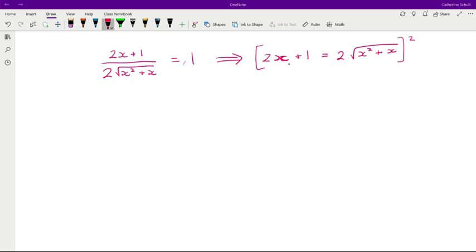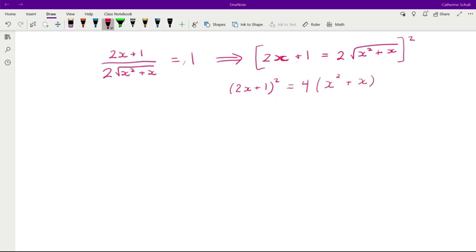So I have 1, 2, 3 factors here. So we have to make sure we square all 3 factors. So we're going to be looking at 2x plus 1 squared. 2 squared is 4. And now square root and squares cancel each other. So we're looking at x squared plus x. Okay.